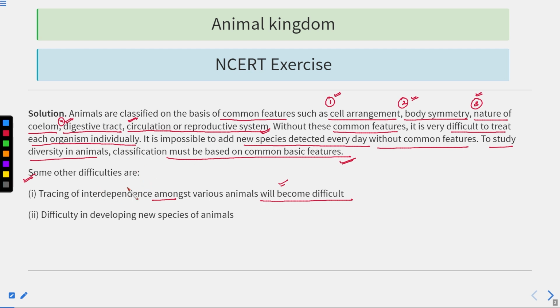Tracing of relationships among the various animals will become very difficult, and there will be difficulty in placing a new species of animals, because our classification system follows how the organism has evolved, right? That is, we are following the phylogenetic relationship among the existing phyla also. You are not going to get that if you are not classifying the organism on the basis of some common basic features.